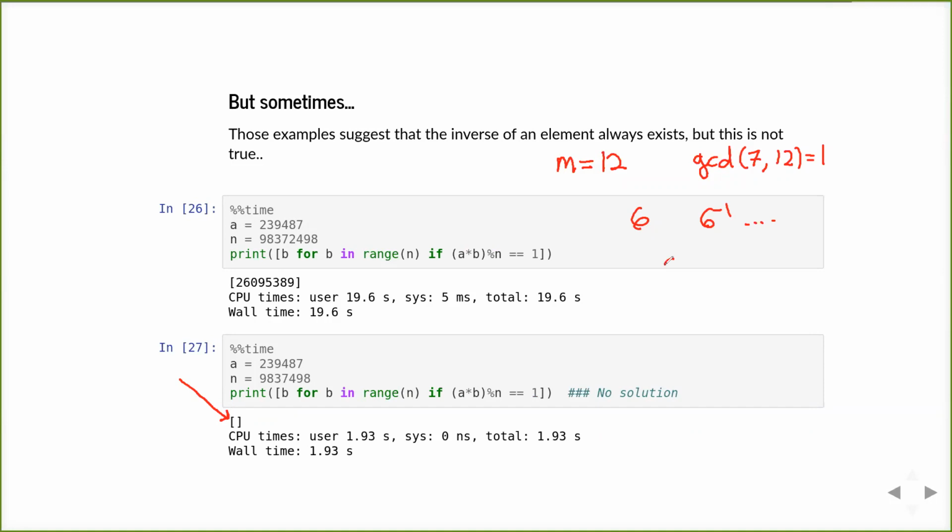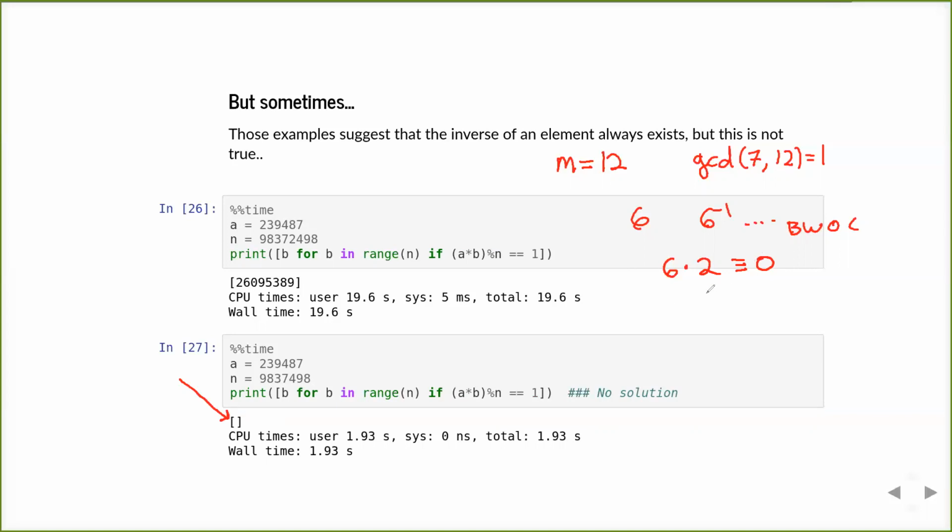So what if it did exist? Here's another proof by contradiction. BWOC, by way of contradiction, let's assume that 6 does have an inverse. Then what's the bad thing that happens? We know that 6 times 2 is 12, which is 0.